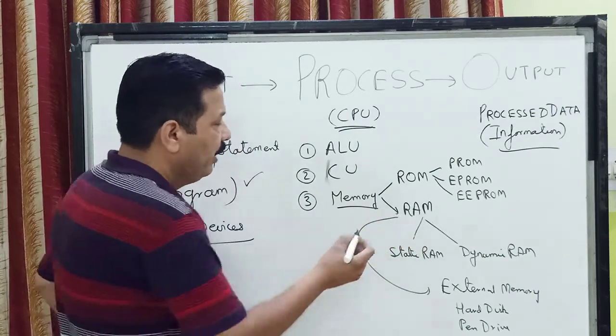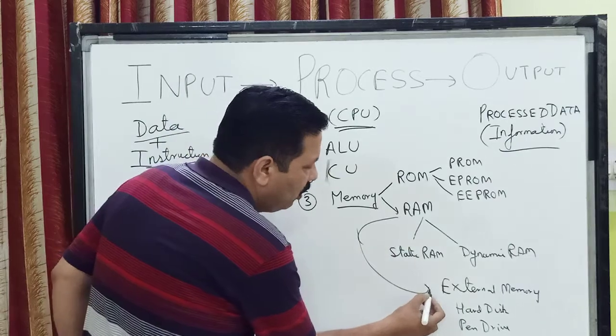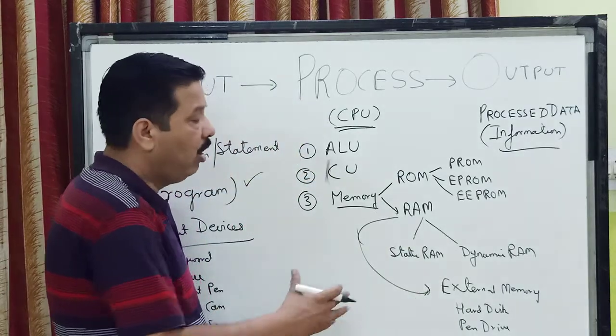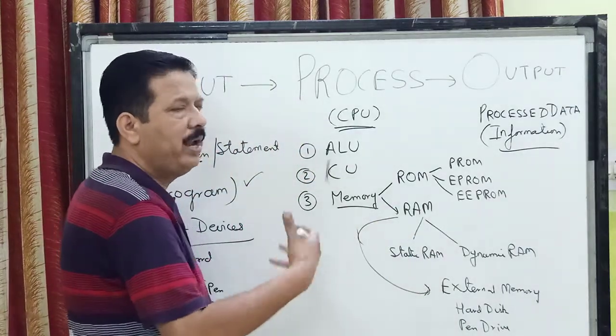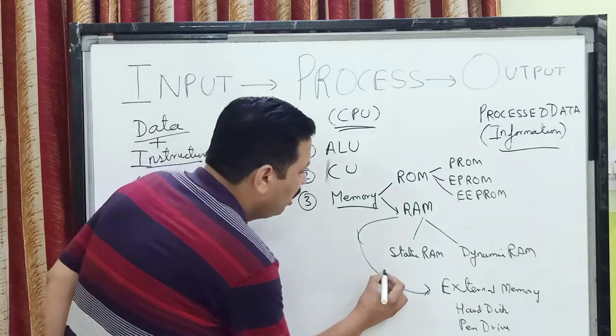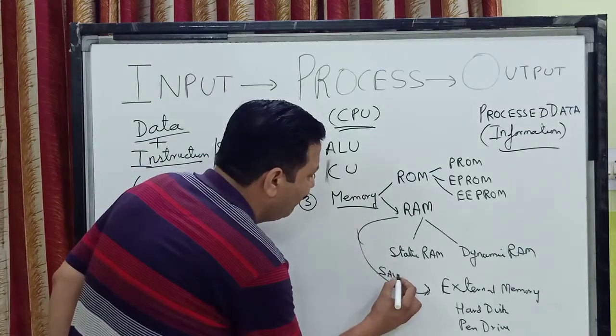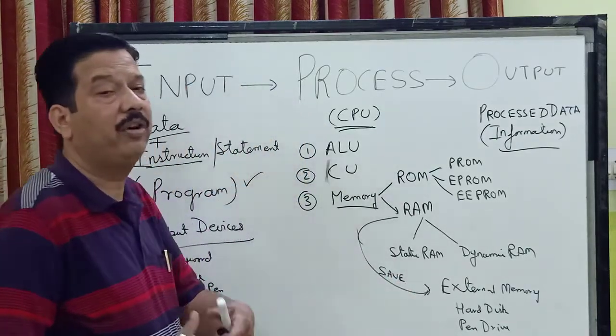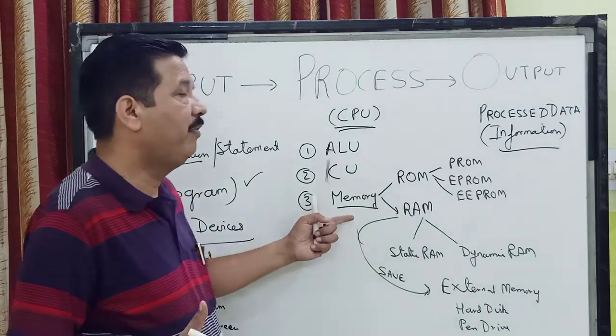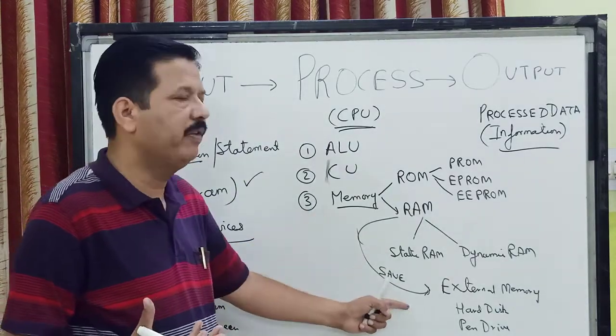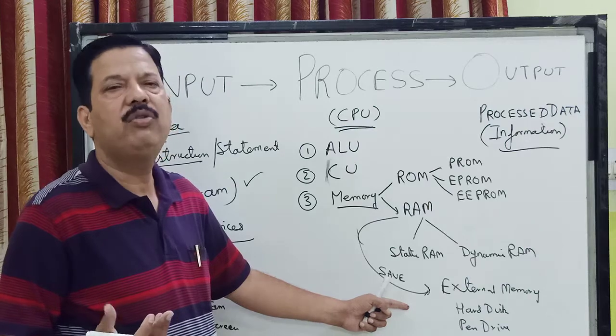So children, the transfer of data from RAM onto the hard disk, the pen drive, or any external memory is called saving. You might have heard of the word save or saving. So transfer of our important data onto the hard disk is called saving onto the external memory.